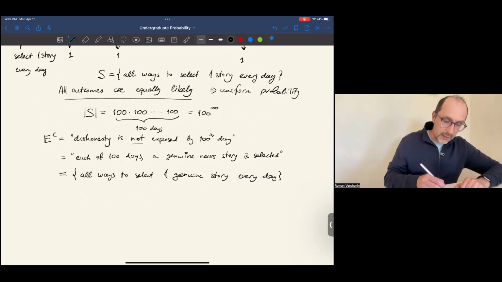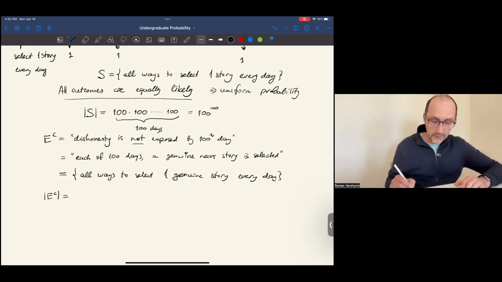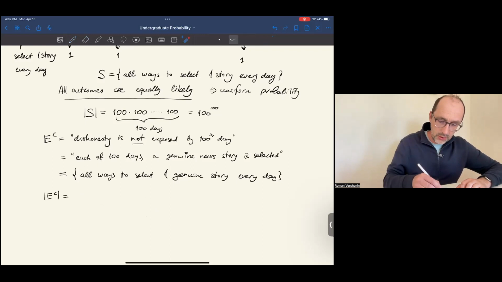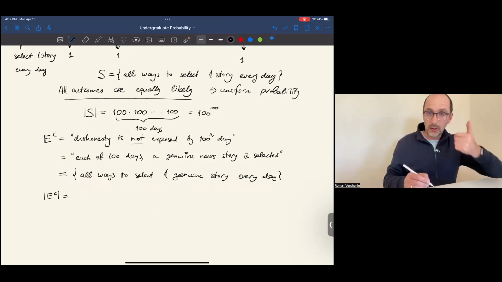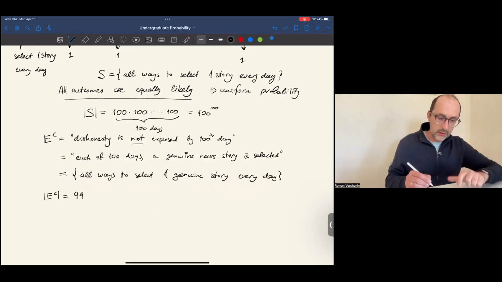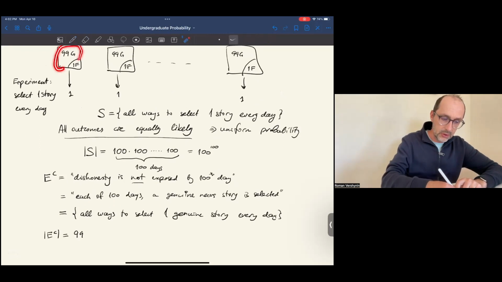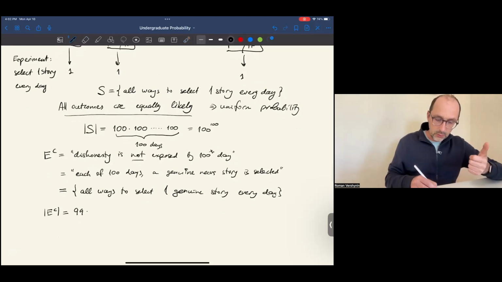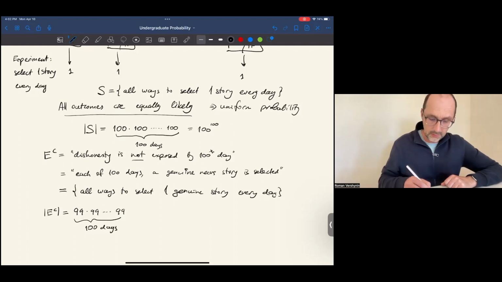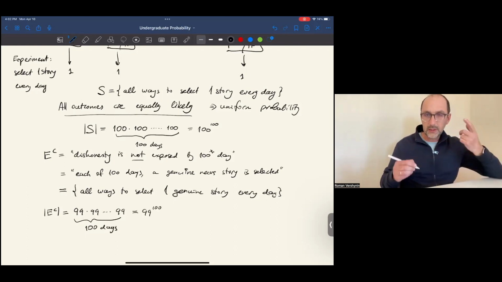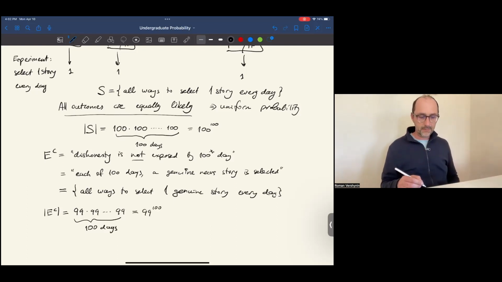What is the size of E complement? How many ways are there to select one genuine story every day? On day one, there are 99 ways because there are 99 genuine stories. On day two, there are another 99 and so on and so forth. So by the multiplication principle, there are this many ways to select one genuine story every day.